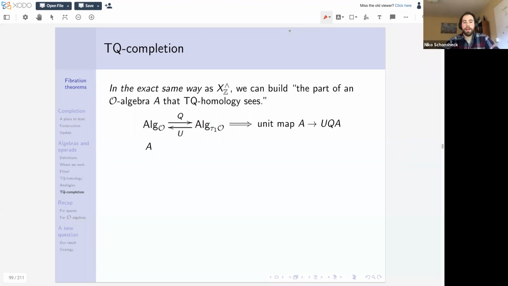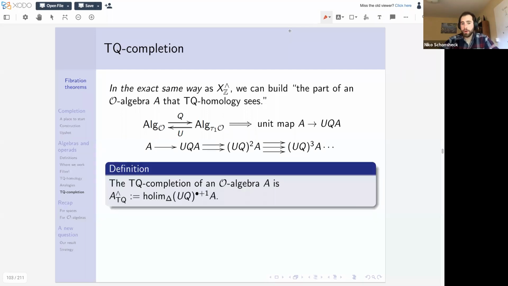So I have A into UQA, and then I just fill out the rest of this cosimplicial diagram. In this way, I will define the TQ completion of an O algebra as just what I get by gluing together this cosimplicial diagram. So that's how I'll define TQ completion.